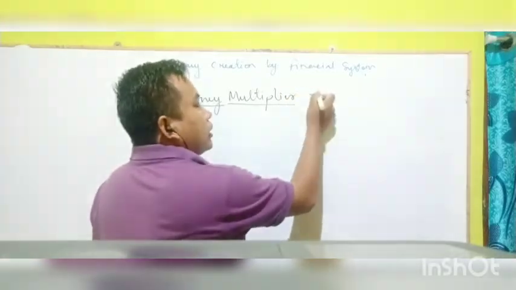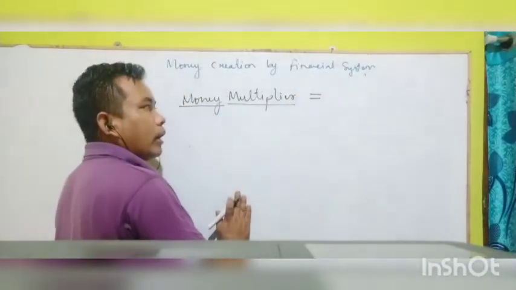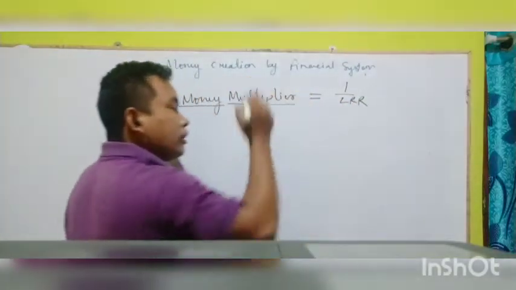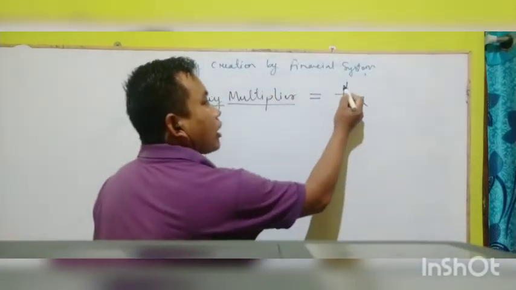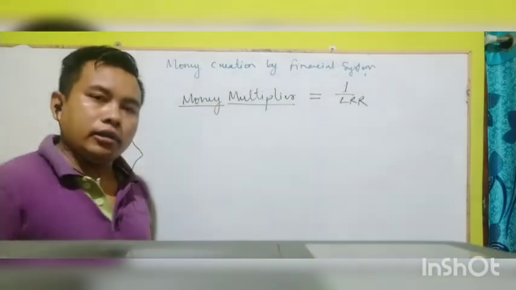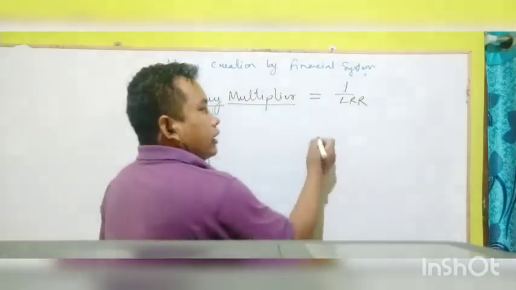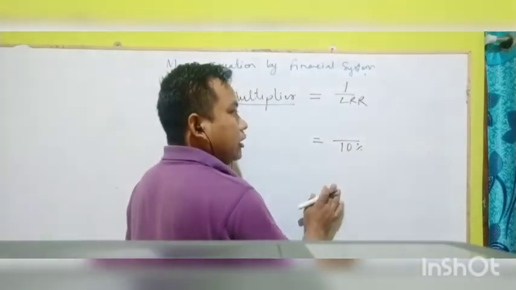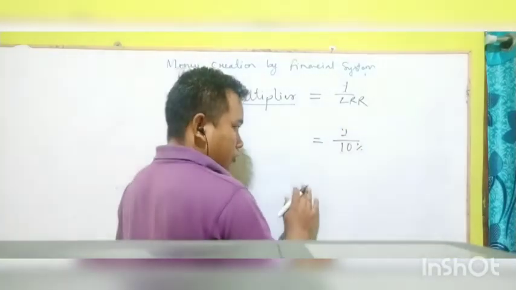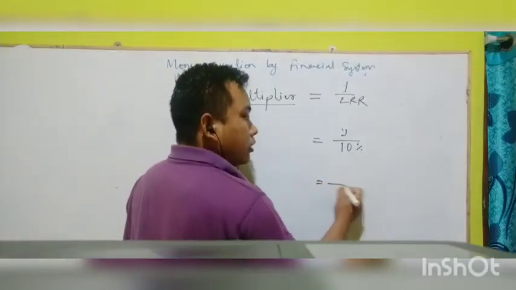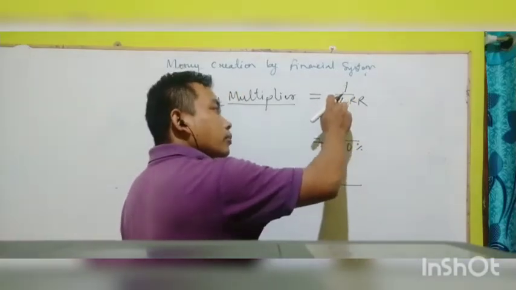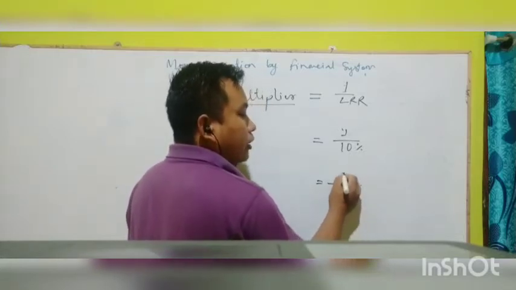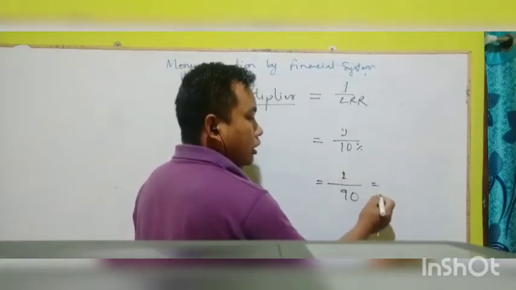Formula in which money creation is given by 1 by LRR. LRR has a negative relationship. See, 1 by LRR, negative relationship. Let's say that if LRR is 10% or higher, there will be some money creation, we don't know. But if legal reserve ratio increases from 10% to 90%, then the division value will decrease.